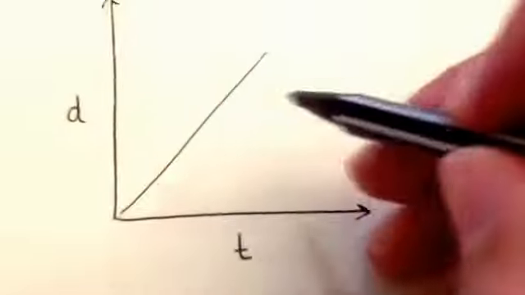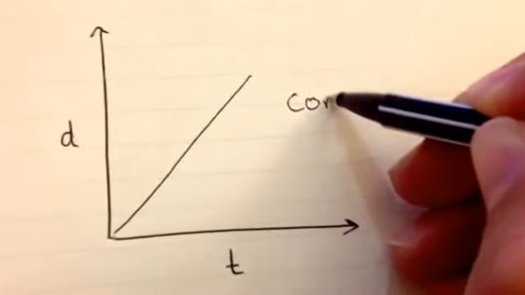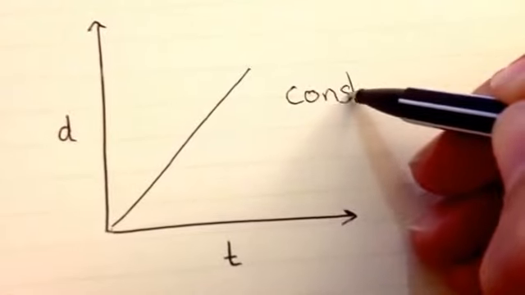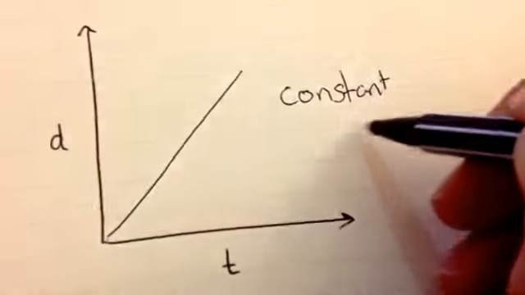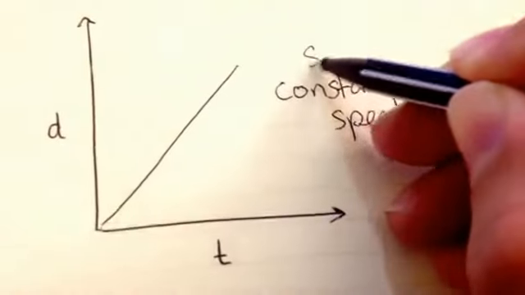This is known as constant speed. Speed is staying the same.